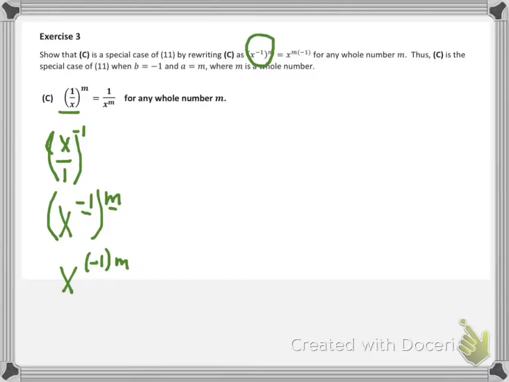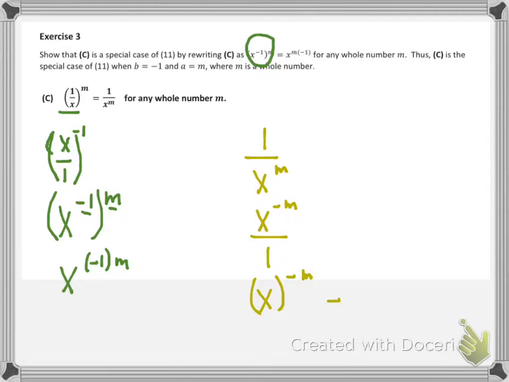On the right side, we have a 1 over x to the m power. And again, if I take the reciprocal, this is going to be x to the -m over 1, which is the same as x raised to the -m.